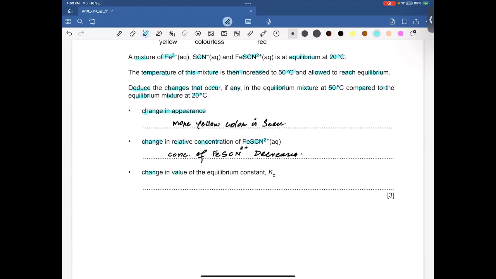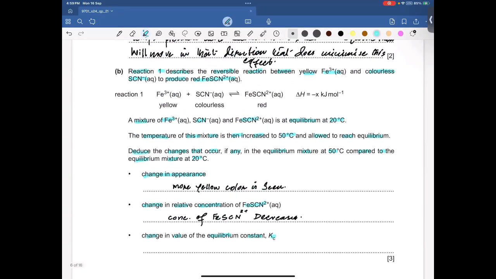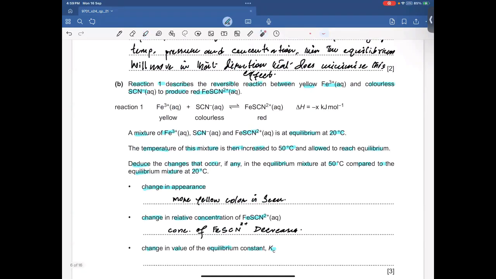Change in the value of the equilibrium constant Kc. You know, Kc is only temperature dependent. As long as the temperature is constant, Kc is constant. But you are changing temperature from 20 degrees Celsius to 50 degrees Celsius. And since the reaction is exothermic, this favors the equilibrium towards the left-hand side, which means we have more reactant than product.